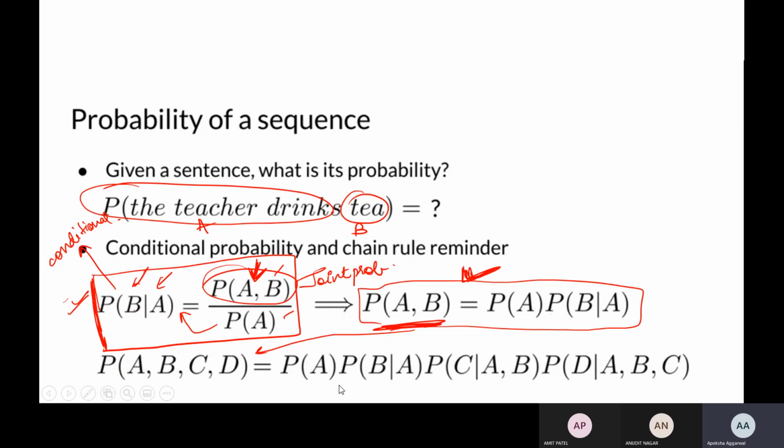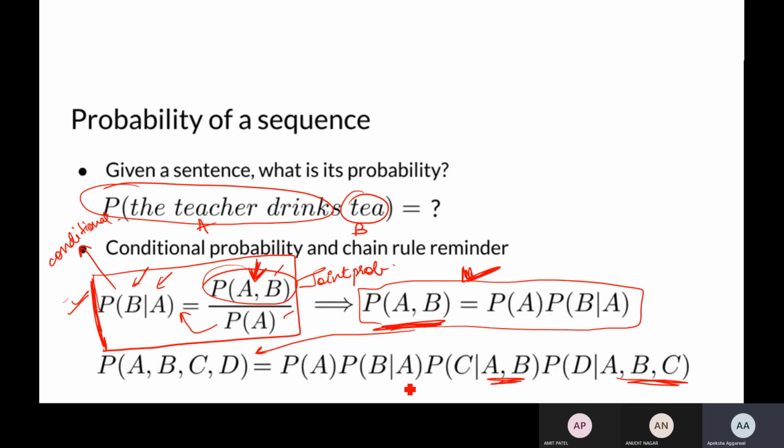This is calculated by applying the chain rule again: P(A), P(B given A), P(C given A and B already occurred), P(D given A, B, C already occurred). These terms are required because we want a sequence. If we wanted it randomly, whether A occurred, B occurred, C occurred or D occurred randomly, then this part would not be there.